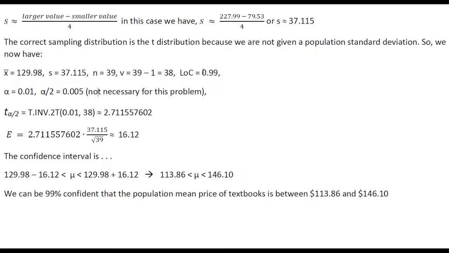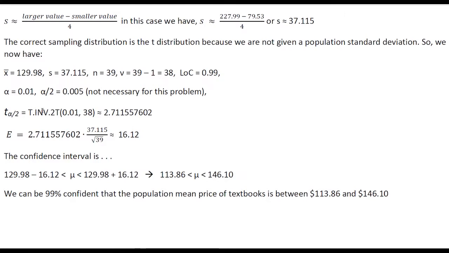With a level of confidence of 0.99, that means that my alpha is 0.01, which was actually given to us in the problem, and alpha over 2 is 0.005. But because we're using the t.inv.2t function, we do not necessarily need that alpha over 2 is 0.005.